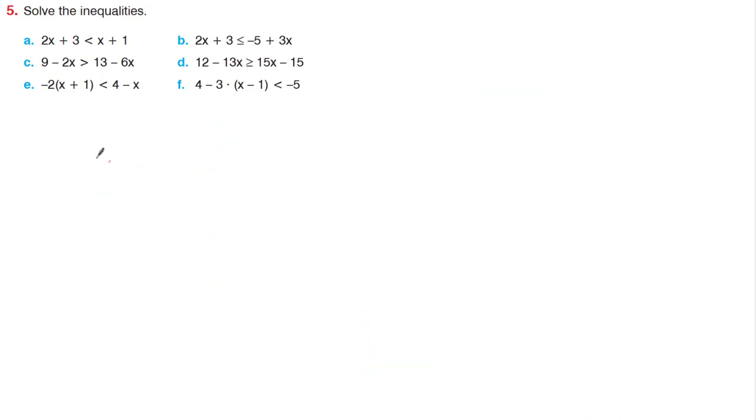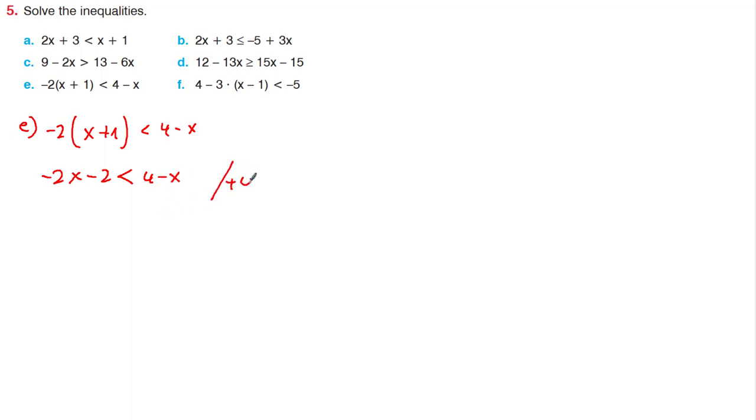Alright, let's continue with E. Under E we have negative 2 in brackets x plus 1 is less than 4 minus x. Let's get rid of these brackets first. Negative 2x minus 2 is less than 4 minus x.